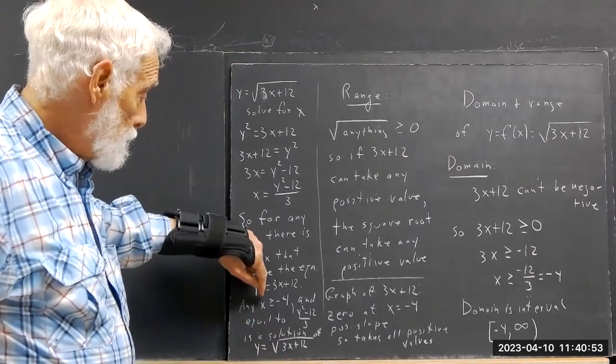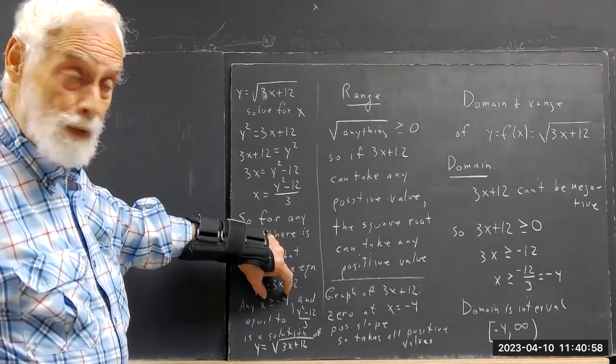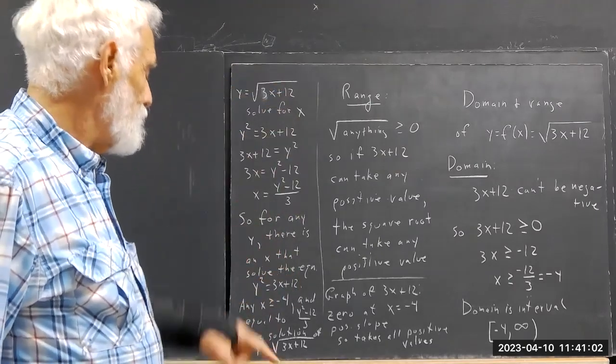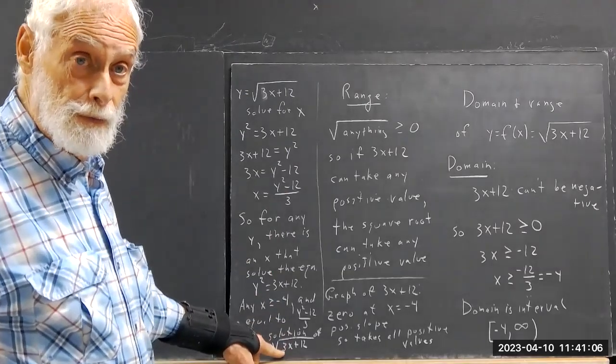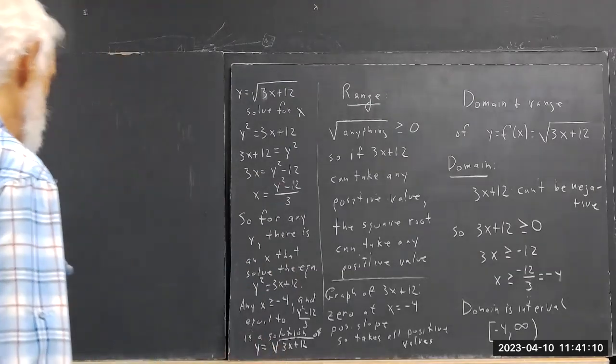Now there's my restriction that x has to be greater than or equal to negative 4. If x isn't greater than or equal to negative 4, then what's under the radical is negative. So we can kind of summarize this.